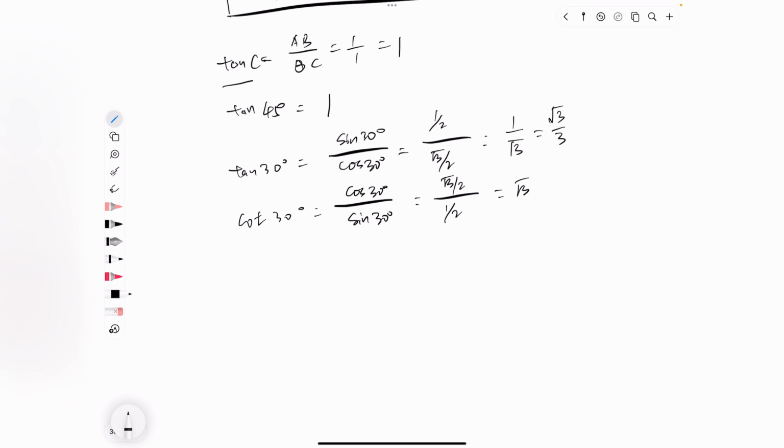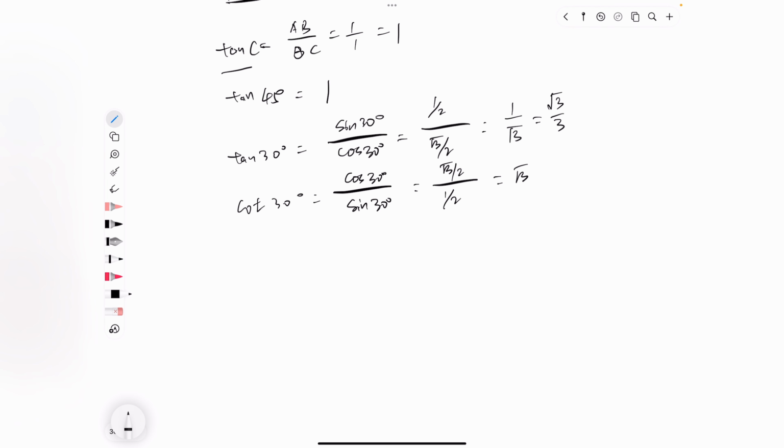And we have some basic identities. Cosecant theta equals 1 over sine theta. Sine theta equals 1 over cosecant theta.